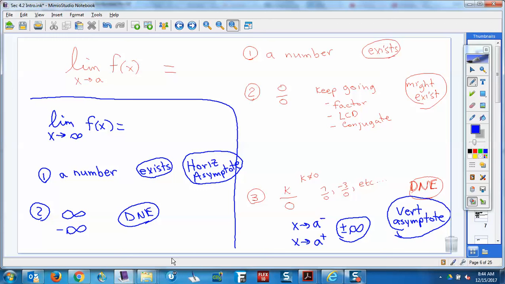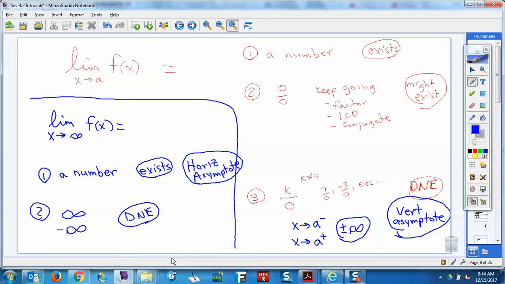Typically that means look at the left and the right. As x approaches 5, look at 5 from the left and from the right. Typically you're going to get positive or negative infinity. If you get something over 0, like 6 over 0 or 5 over 0, that is a vertical asymptote.